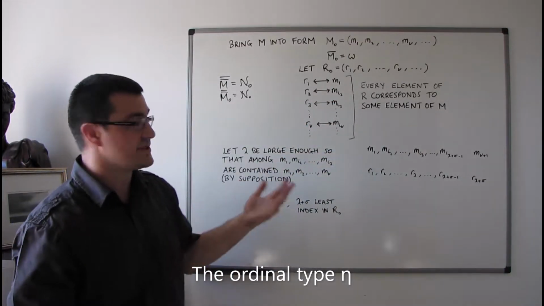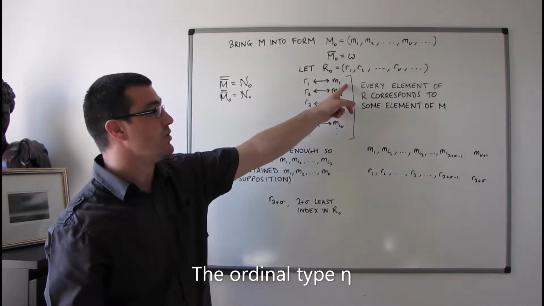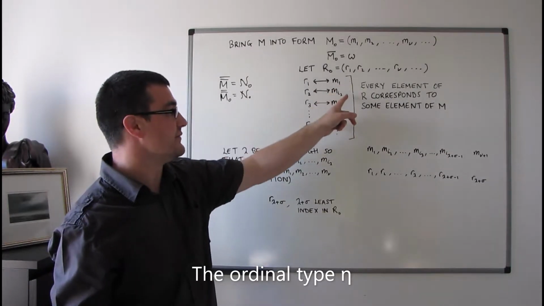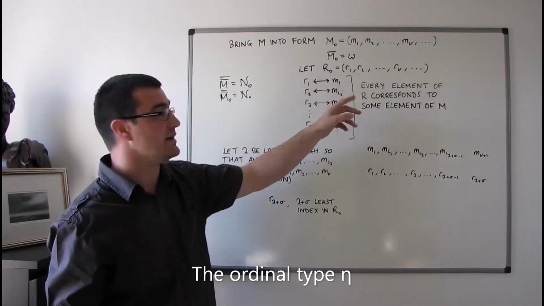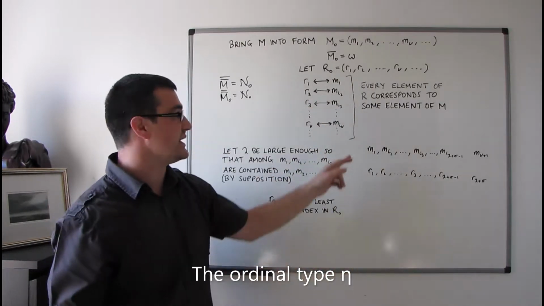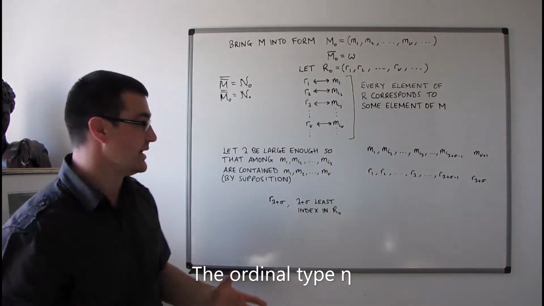Obviously, if we just take one number from this list, the first number, M1 is there. If we take the first two numbers, M1 is still there. Take the first three numbers, M1 is going to be there. So it doesn't matter how many numbers we take, M1 is always going to be there, and that's like the base case, really.